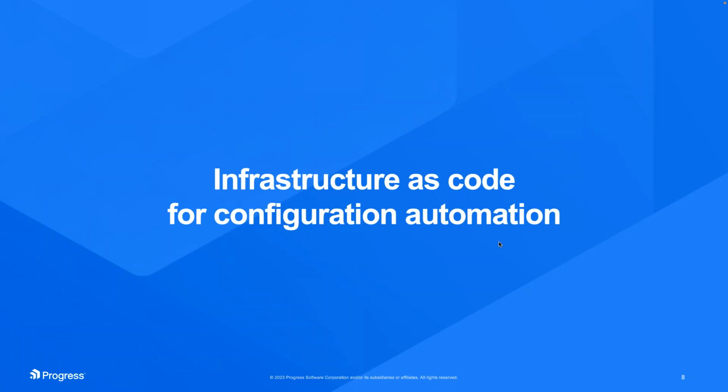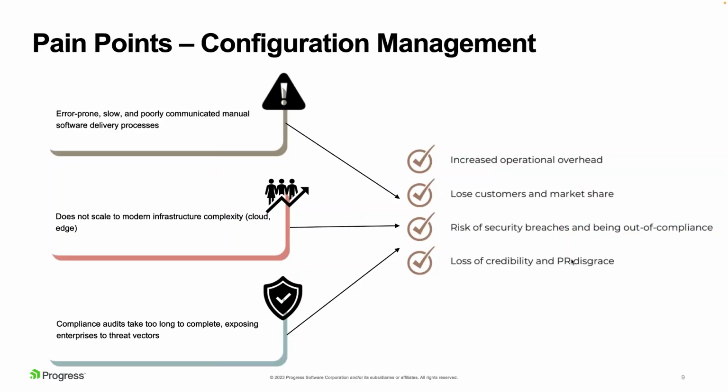That brings us to the first item in today's agenda, that is infrastructure as code for configuration automation. And what exactly is infrastructure as code? We'll take a look at that. But first, let's take a look at some of the pain points associated with traditional configuration management. We all know traditional configuration management is an error-prone, slow, and a poorly communicated process.